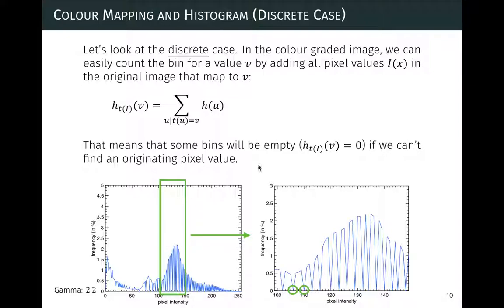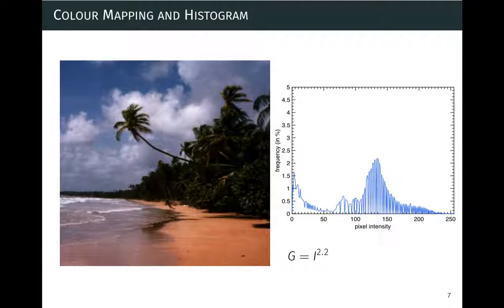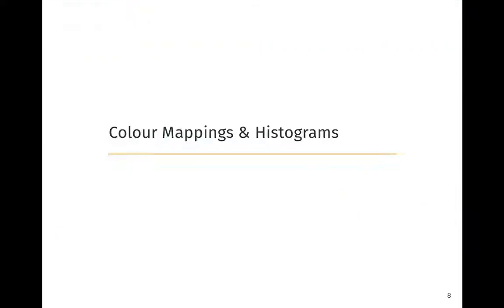And that means that, because most of the time you're working with integers, there's a lot of colors that won't get matched to something. So if you look here, coming back to that particular example, you see there are these gaps, some of the values in the histogram are set to 0.